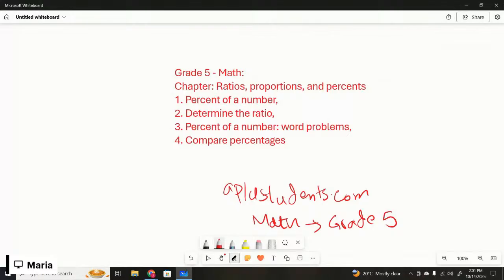We're going to start with the chapter ratios, proportions, and percents. The lessons we're going to cover today are percents of a number, determine the ratio, percent of a number word problems, and compare percentages.